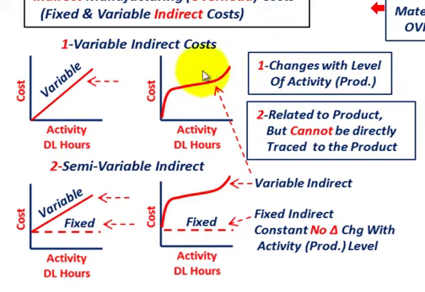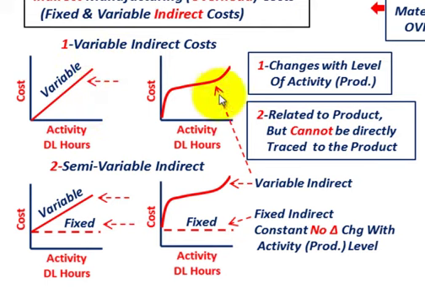Now, the variable indirect costs change with the level of activity or production, so that's understandable. Secondly, they're related to the product, but they cannot be directly traced to the product. That is, when you go through that product routing, you don't see these variable indirect costs listed on your product routing. You're going to have really your direct costs.